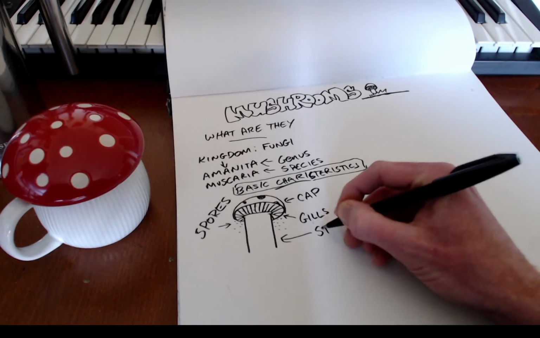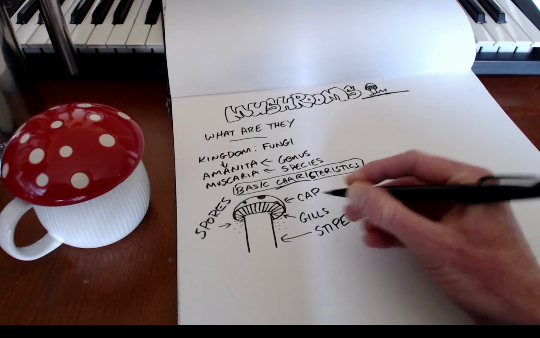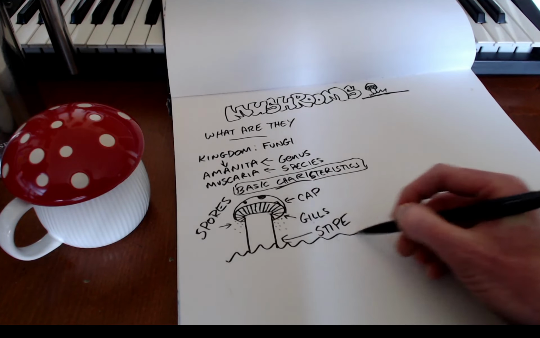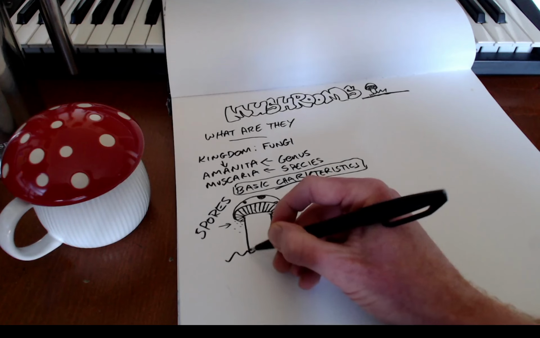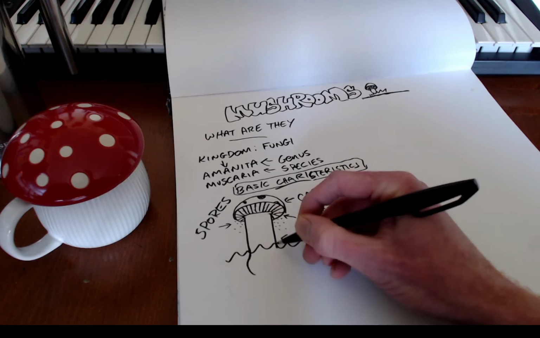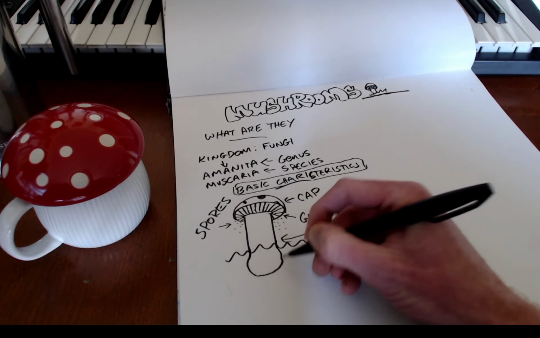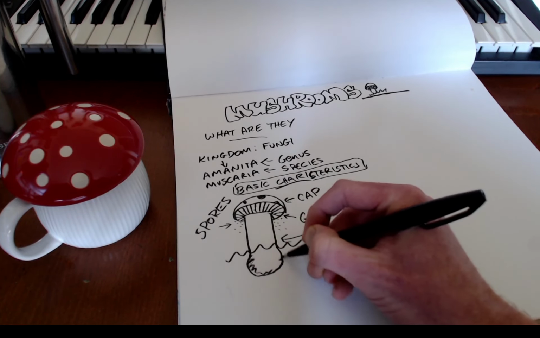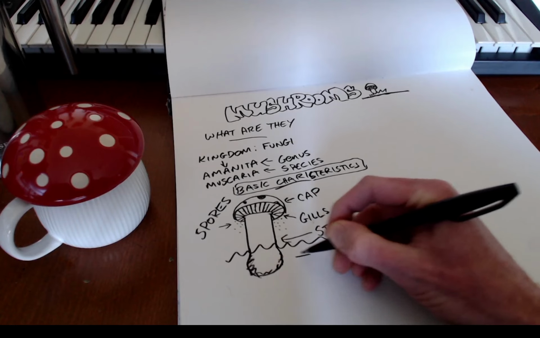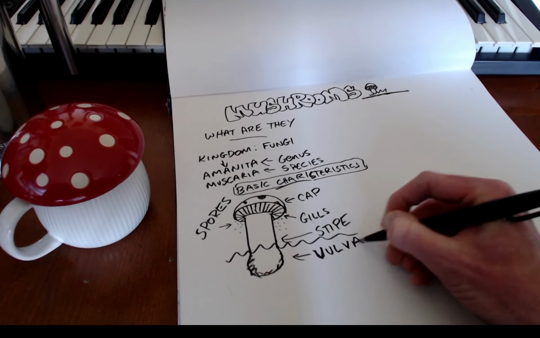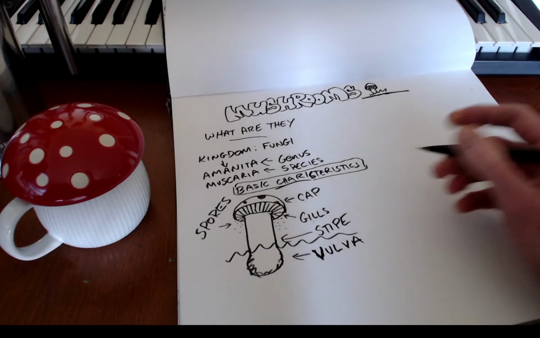This is called the stipe. All right, and here's some grass here. Underneath that, many mushrooms, such as amanitas, have a base, and when it's a bulbous base like this, that's called the volva. Okay? So there you go.